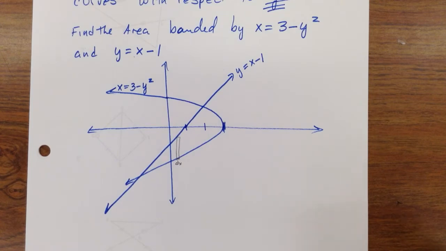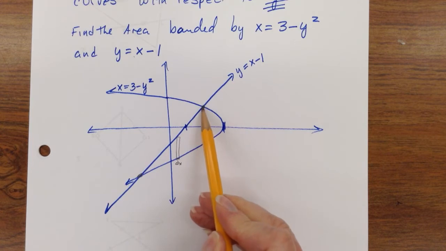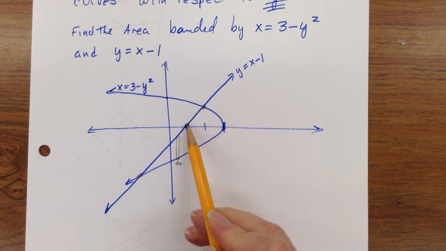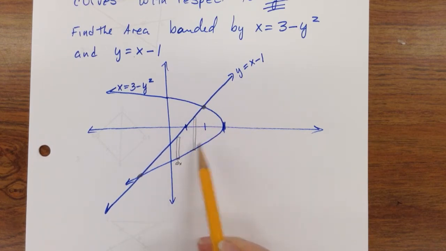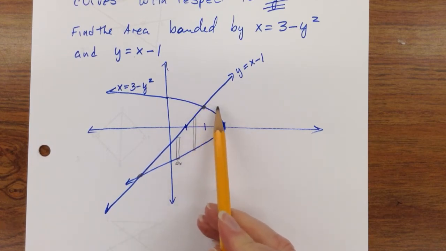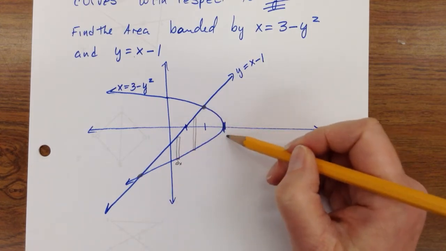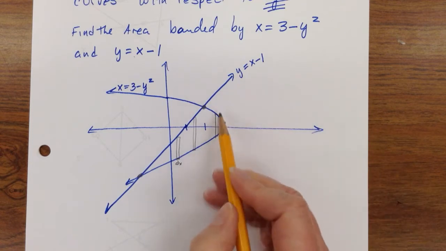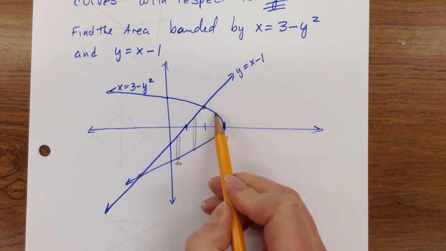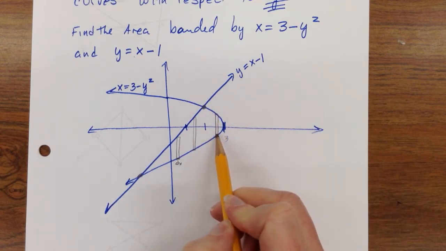From this point of intersection to this point of intersection, the line would be on the top. The rectangles would go from the line to the parabola. But after this point of intersection over to 3, the rectangles would be from parabola to parabola.